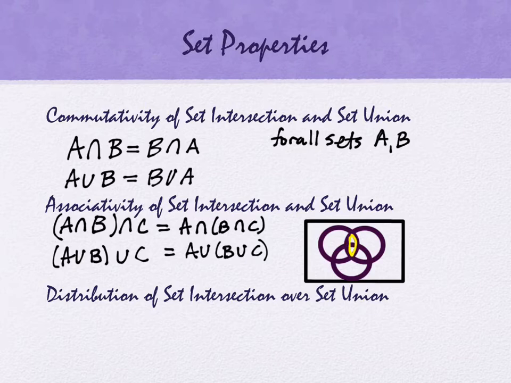That'd be the intersection of the top 2. And then if you intersected that little ellipse shape with the bottom circle, you'd end up with just this piece in the bottom. So no matter what order you do it in, you still end up with the dead center where they're all overlapping. And the same thing happens if you try to do union. If you do the union of the 2 circles at the top, you get everything in the 2 circles at the top, and then you join it with the circle in the bottom. You just throw in the extra stuff at the bottom. It doesn't matter what order you did it in. And so this works for all sets A, B, and C.